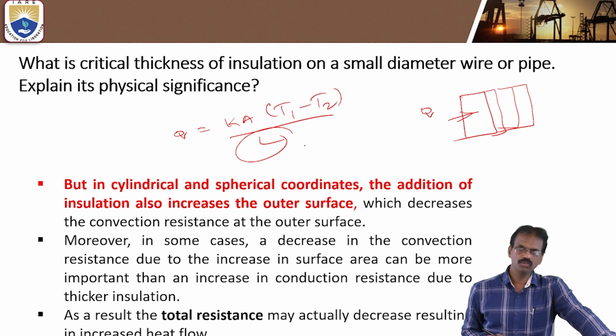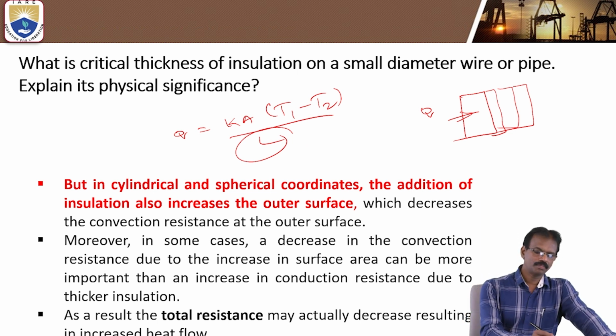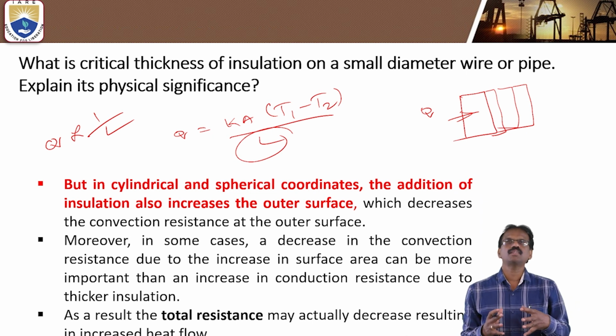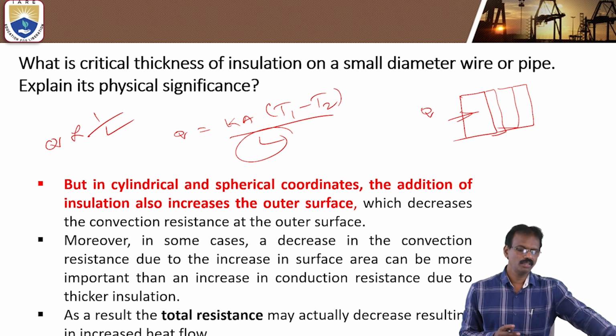If the L value increases, automatically the Q value will decrease, because Q is inversely proportional to L. If the thickness increases in the case of slabs, automatically the rate of heat transfer will decrease. So this is the common thing.